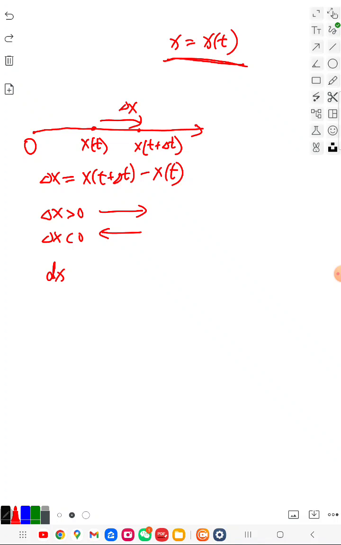And for a countable, limited delta t time interval, the displacement delta x is equal to the sum of dx over t to t plus delta t, because we add up each small interval in this delta t time, and each small time interval has an infinitely small displacement. We add them up, it's the total displacement, and it is also equal to the integral from t to t plus delta t of dx.